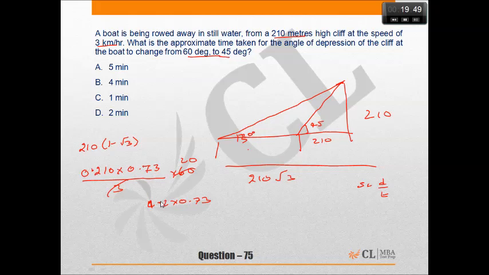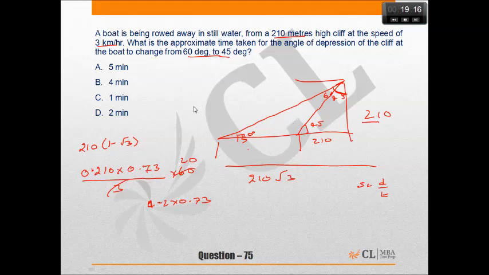Have I missed out on something? Or is my calculation right? This is a 210-meter cliff at the speed of 3 km per hour. The angle of depression of the cliff changes from 45. This is 210. There's a 45, 45, 90 triangle. Okay, this is fine. This is 45, so this has to be 60 now. If this is 60, this will be 30. If this is 210, the side opposite is 210 root 3. 210 root 3 minus 210. So 3 kilometers per hour.